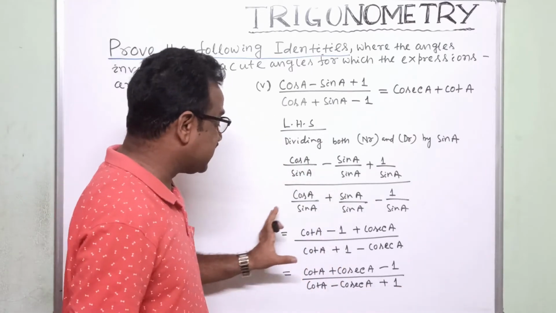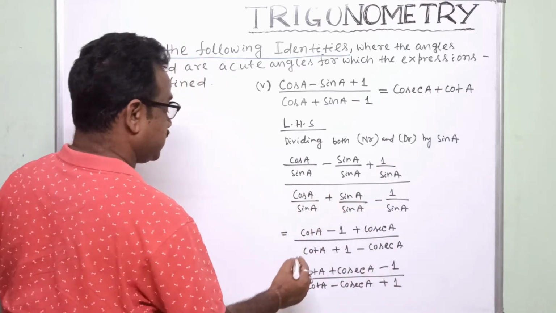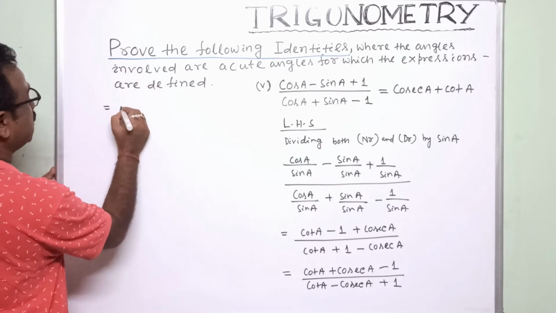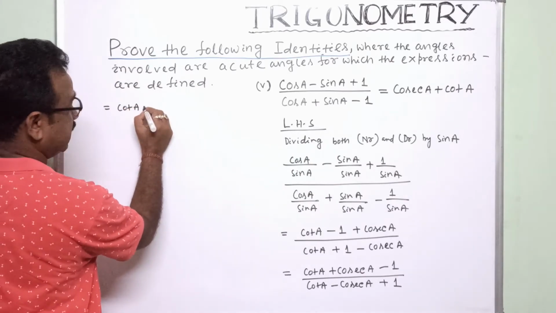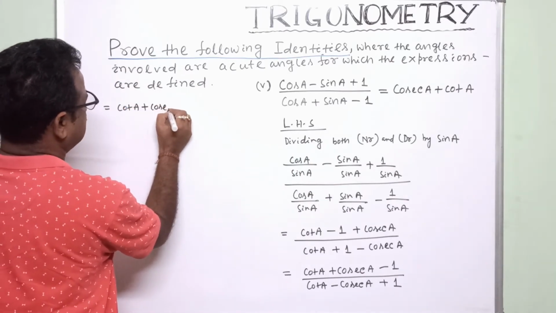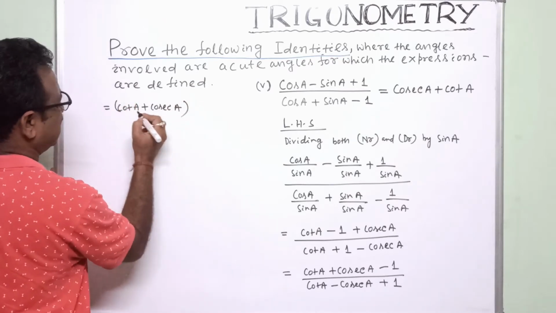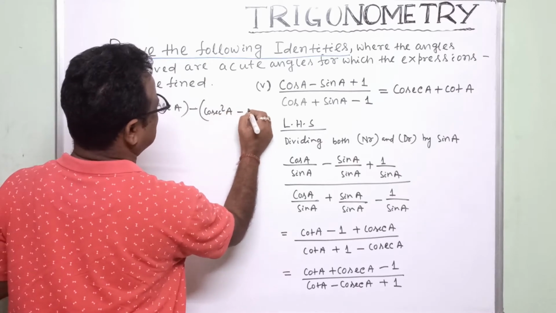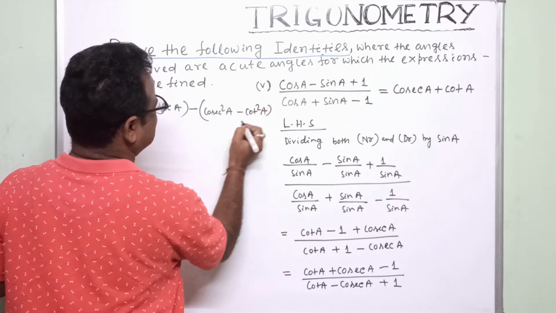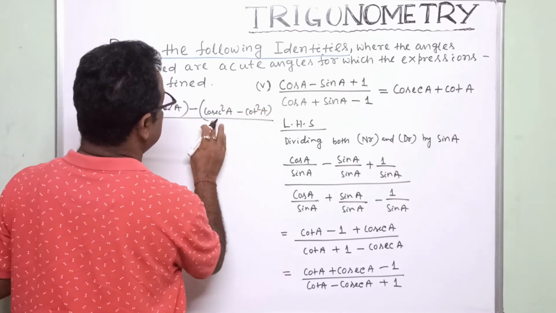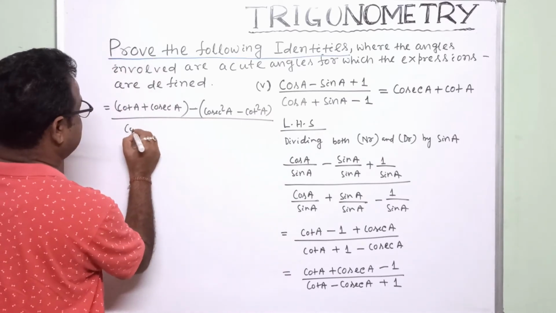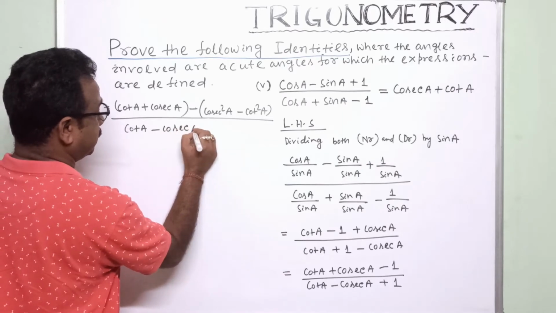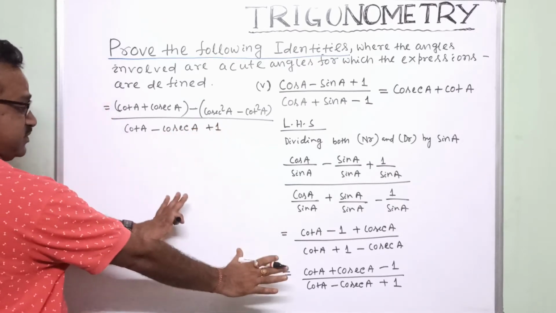Now applying the identity in cot and cosec, we will get cot A plus cosec A minus (cosec square A minus cot square A), because this is 1, whole divided by cot A minus cosec A plus 1, which remains the same as usual.